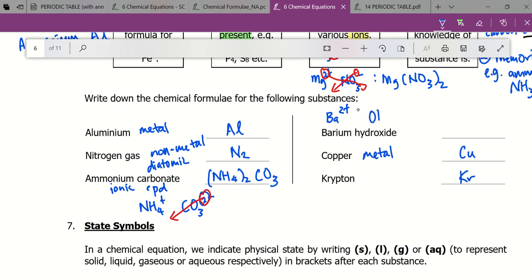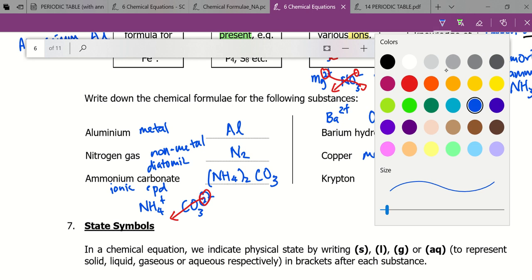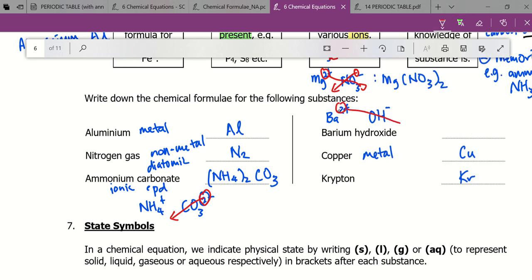So this is OH minus. So looking at the charge and I cross them over, when I put the 2 across to the other side, I will need to have 2 sets of hydroxide ion. So my formula will be Ba(OH)2. Okay, so that's for this portion. Please fill in the blanks in your book.